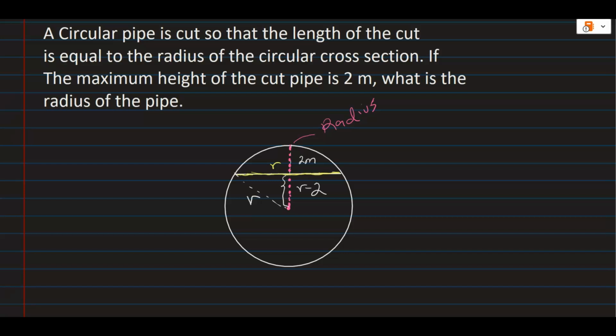All right, we already have this part right there, that's the radius, and we know that's a 90-degree angle because part of Euclidean geometry is that you have a radius and you have a chord. They cut at 90 degrees if the radius goes through the center of the chord, and we can assume that because it is a cross section of a circle.